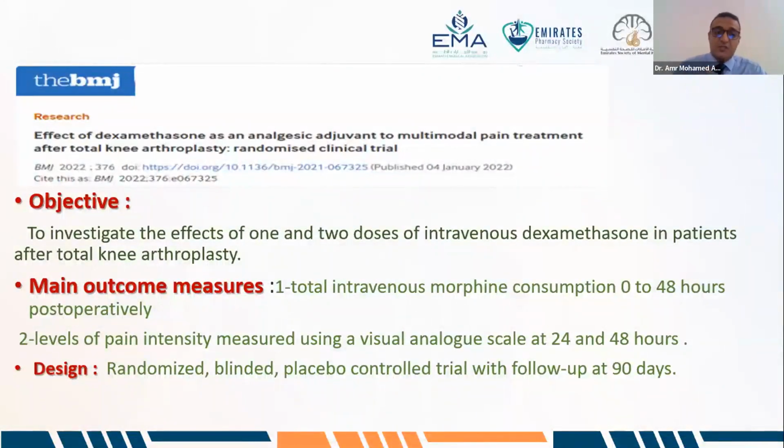The objective of this trial was to investigate the effect of 1 and 2 doses of intravenous dexamethasone in patients after total knee arthroplasty. The main outcome measures were, first, the total intravenous morphine consumption 0 to 48 hours postoperatively, and second, the level of pain intensity measured using a visual analog scale at 24 and 48 hours.